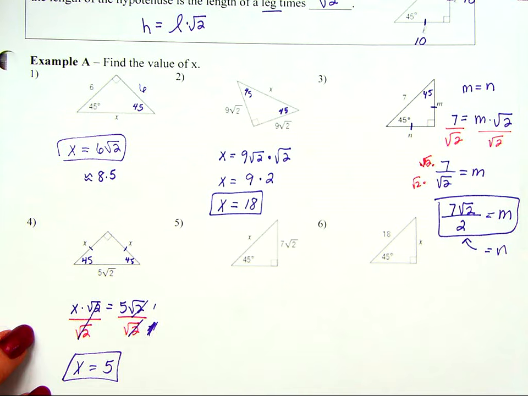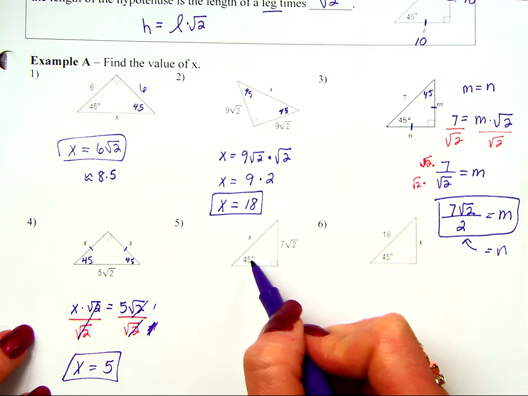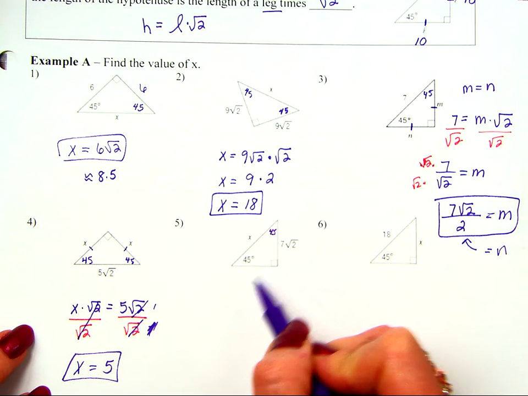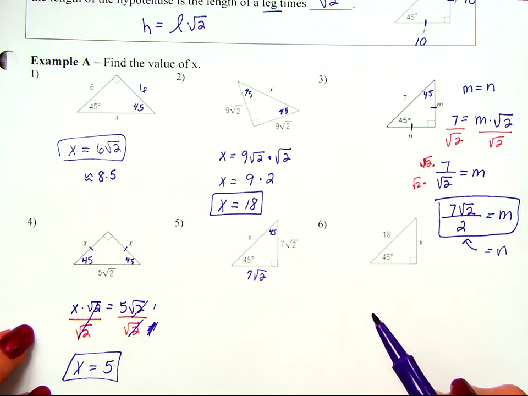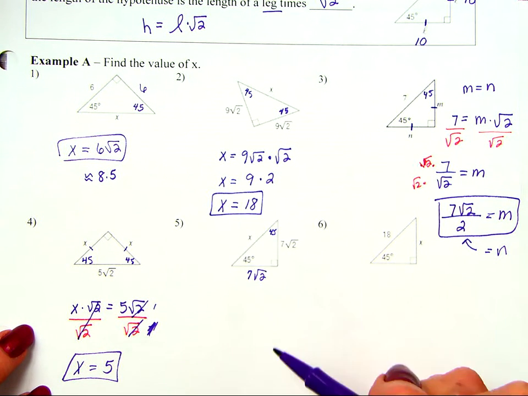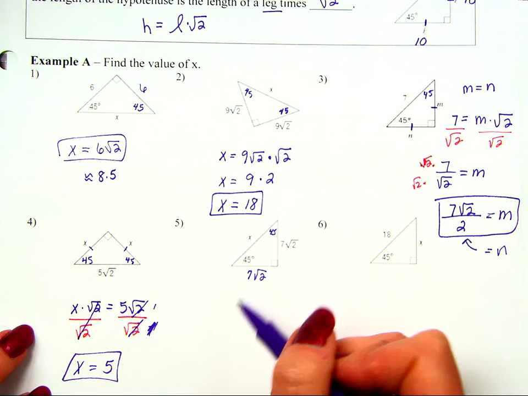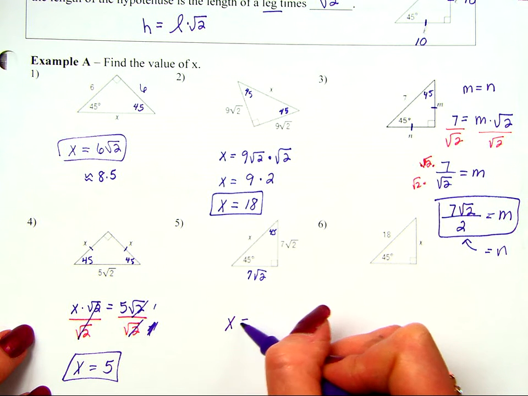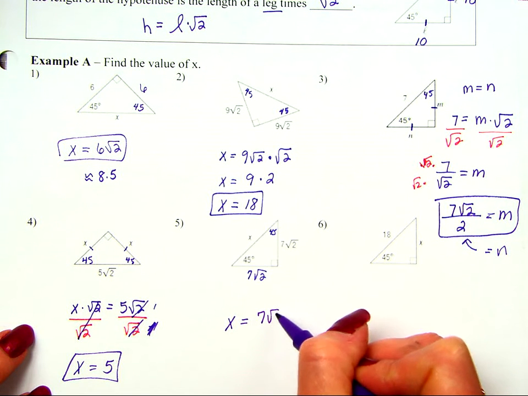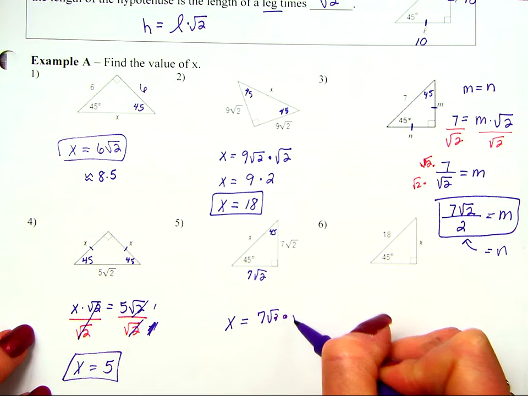On number 5, 45, 45, 90, I know that this must be 7 root 2. My two legs are the same. Now I'm going to approach this one a little bit differently. I'm just going to think, well, my hypotenuse would have to be longer. If something is longer, to make bigger, we multiply. So if my magic number is 7 root 2, I know that my hypotenuse here, 7 root 2, I can just multiply by root 2.